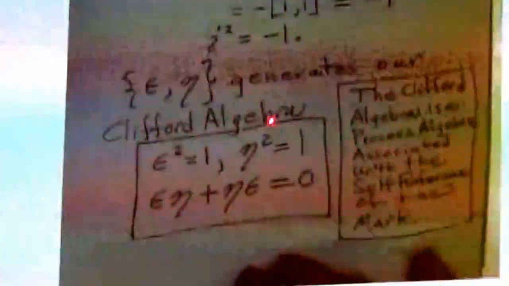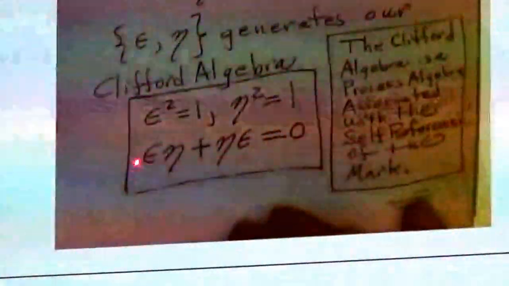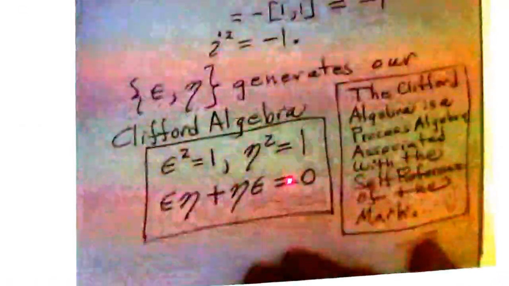Here's a Clifford algebra emerging naturally. Epsilon squared is 1, eta squared is 1, and eta epsilon plus epsilon eta equals 0. The Clifford algebra is the process algebra associated with the self-reference of the mark.